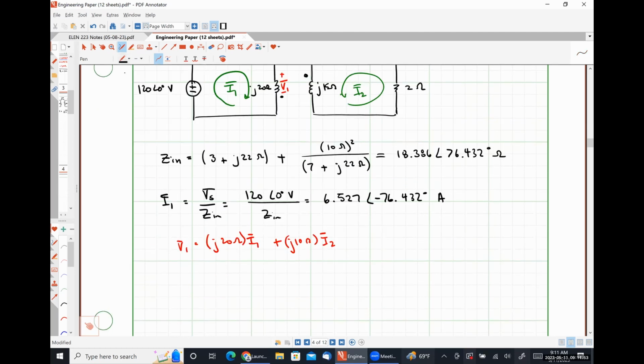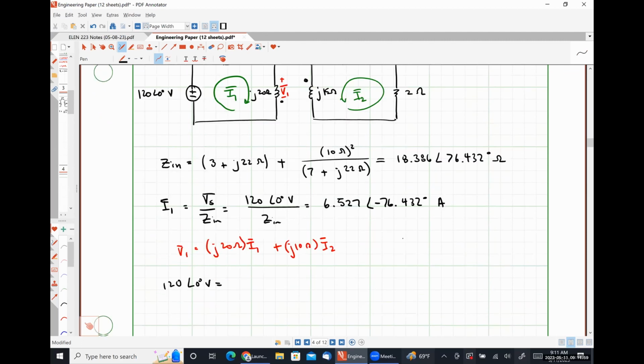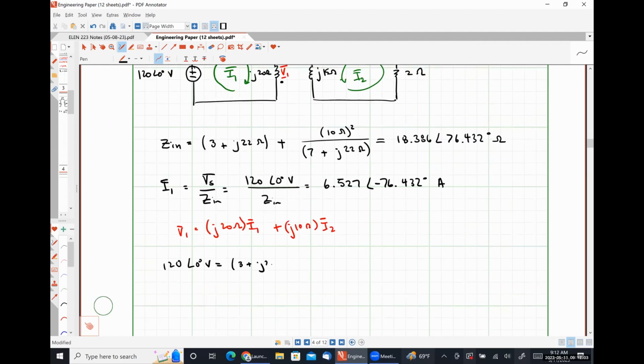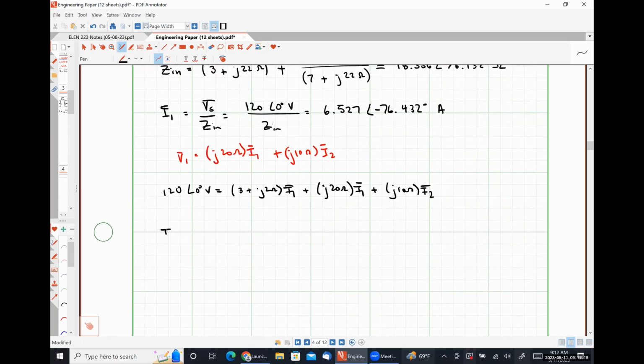So using this, I would have 120 angle 0 degree volts is equal to 3 plus j2 ohms times I1 plus j20 I1 plus j10 I2. So that I2 would be equal to 120 angle 0 degrees volts minus 3 plus j22 I1, all divided by j10.